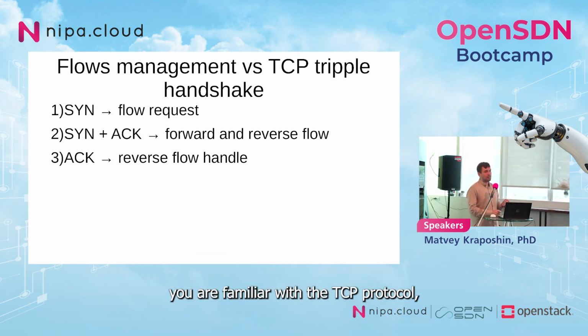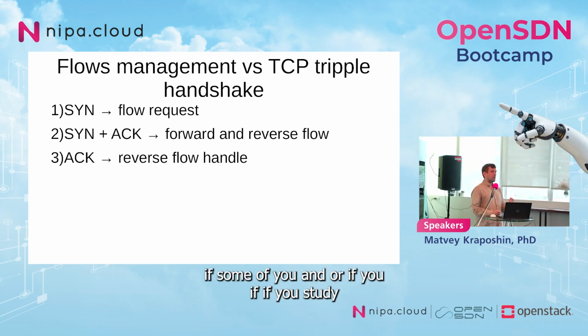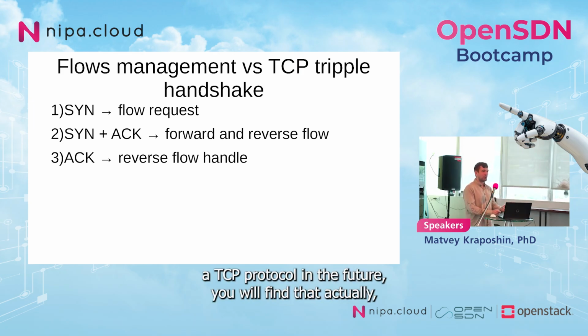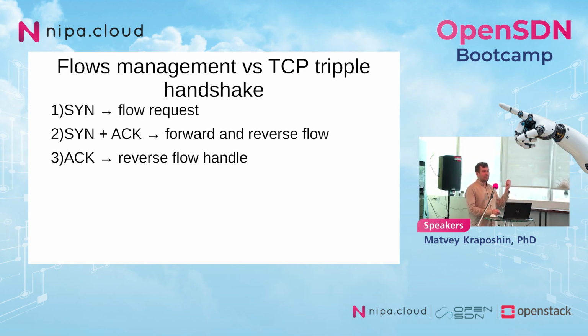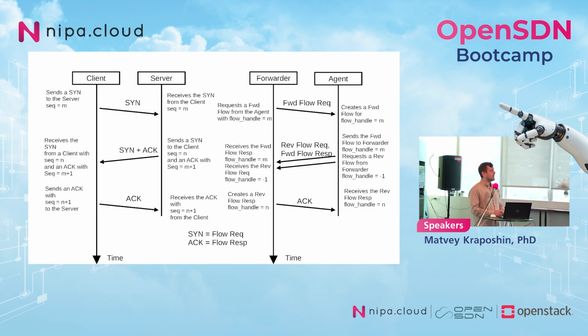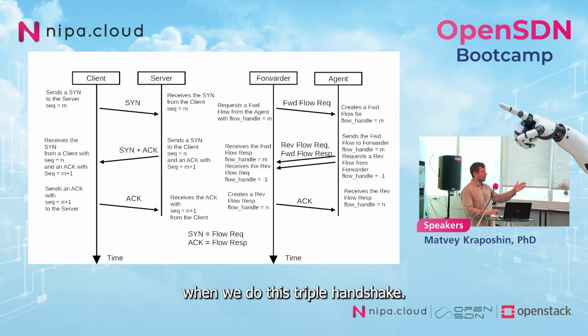And now both parts know that flow is installed, and they know the addresses of this flow in hash table. And if you are familiar with the TCP protocol, or if you study TCP protocol in the future, you will find that actually this procedure has analogy with TCP triple handshake. There is a SYN request from client to server when we do TCP triple handshake, and there is a flow request from forwarder to agent.